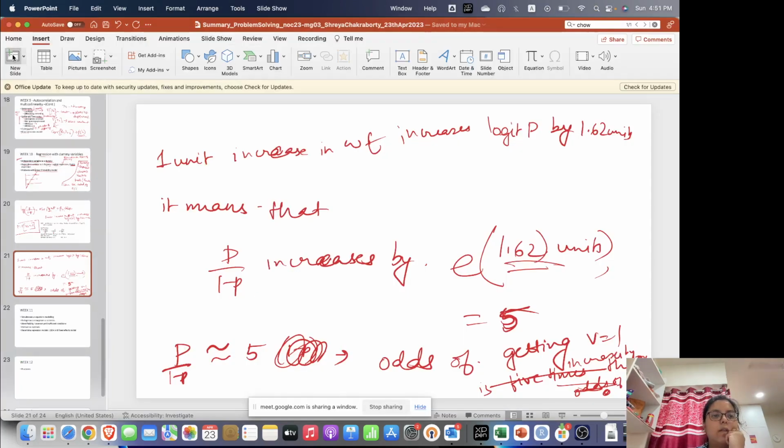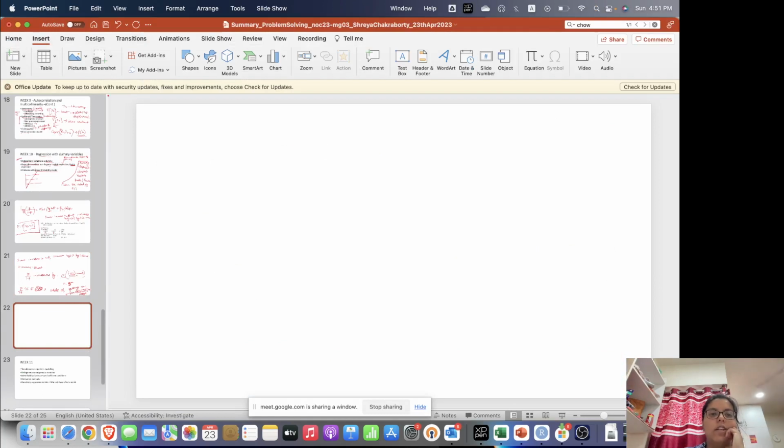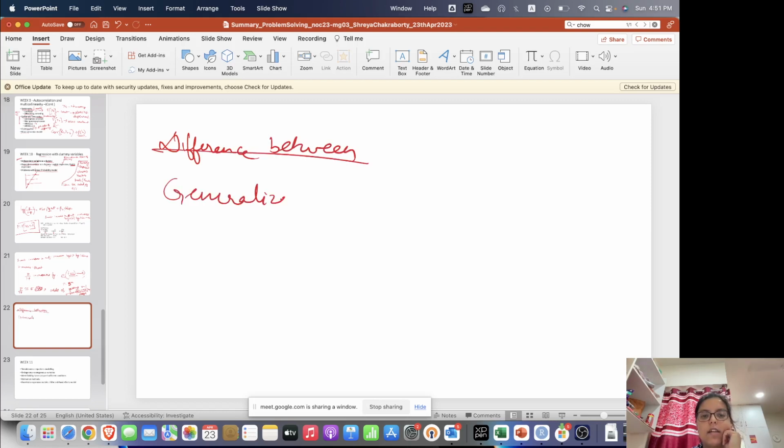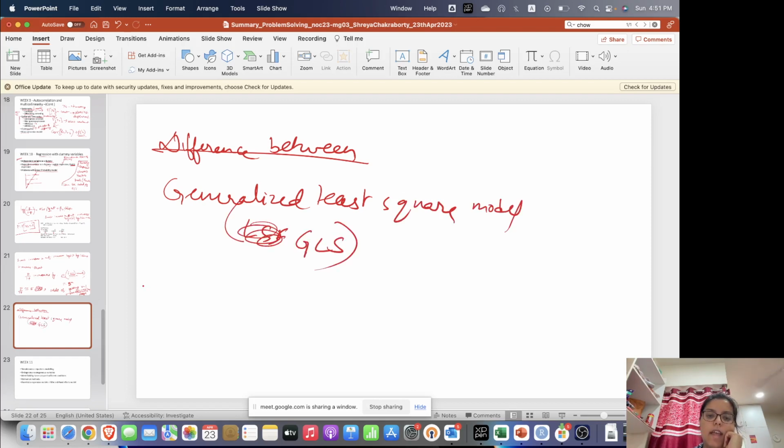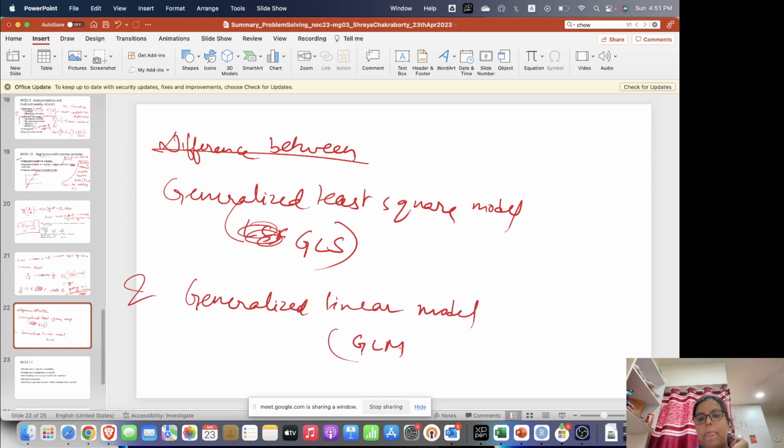Okay, so there is a difference between the generalized least square model, GLS, and the generalized linear model, GLM.